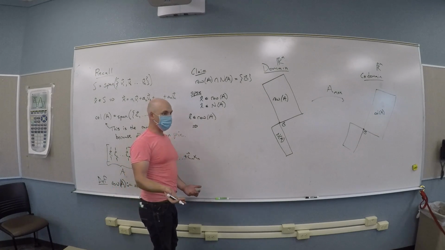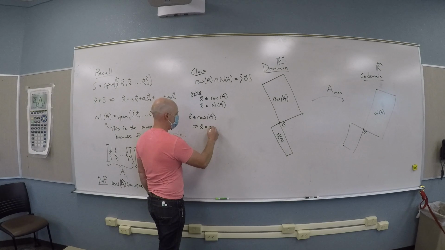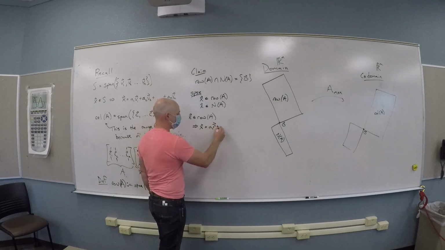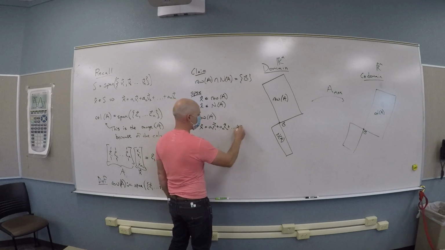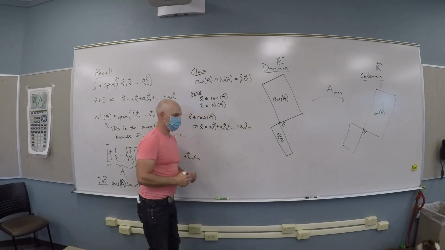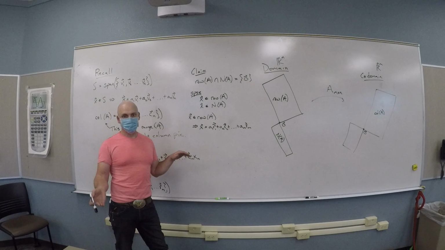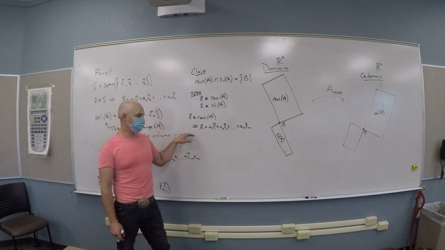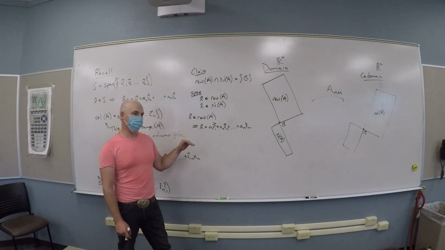So x is a1 R1 plus a2 R2 plus up to some am Rm. It's in the row space, so there's some set of coefficients that I could multiply by all the rows to get this thing. That's what it means to be in the span of the rows.